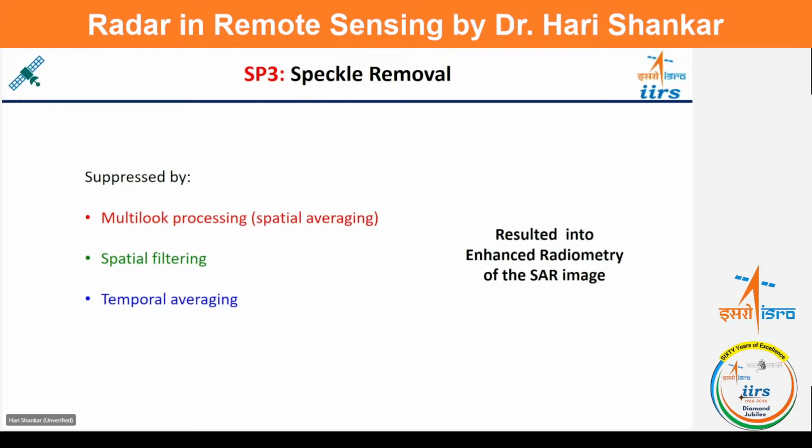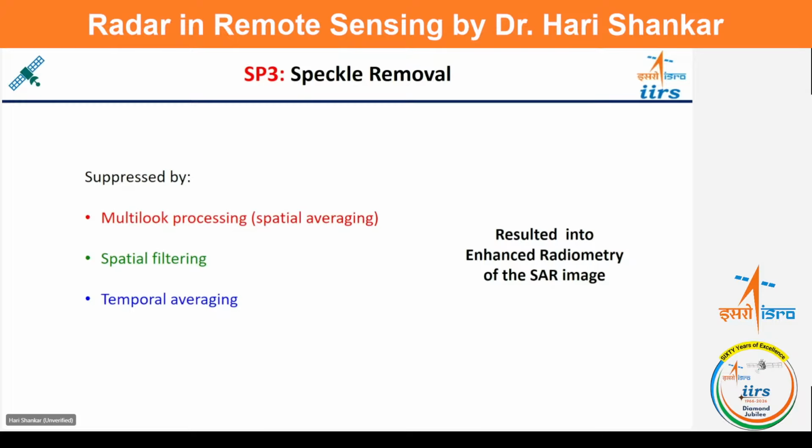Another one is the temporal averaging technique, where we are acquiring multiple images over a period of time, like every 12 days we are creating the images. Suppose 10 or 15 images are there over the same area. Now over a particular pixel we are taking the average of all images, the average of all these values acquired at different times.